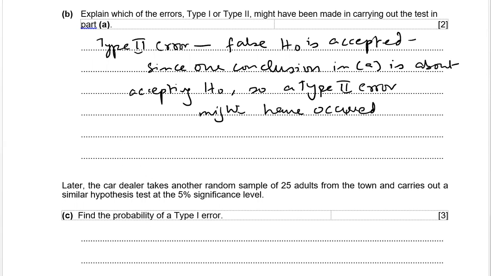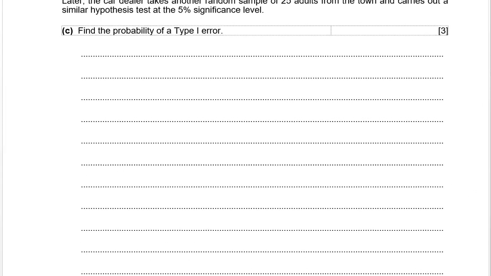Find the probability of type 1 error. Now, what is type 1 error? First of all, you should be familiar with this. Type 1 error probability is probability of rejecting H naught. This is the confusing part, right? Just you have to remember this part, type 1, type 2 error. Right?